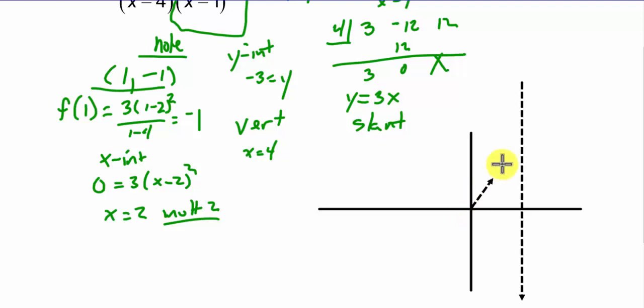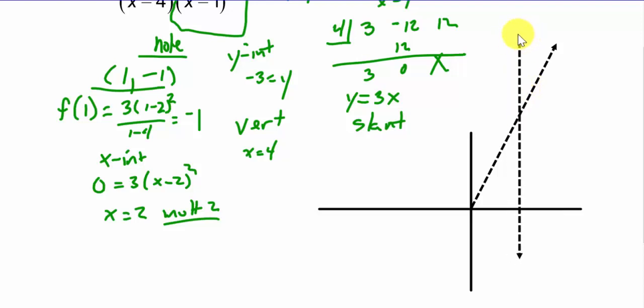X is a 45, 3x is going to be pretty steep. So we'll do something like this and extend those guys as well. This one up a little more. We'll do it like that, I guess. And this guy will bring down a little more. Like so.